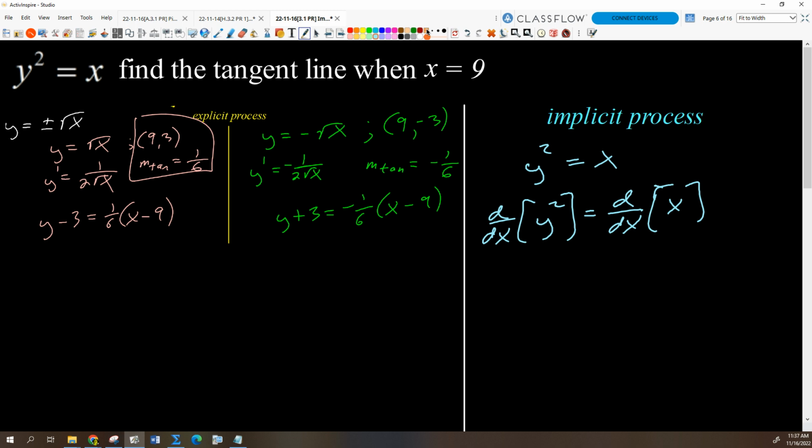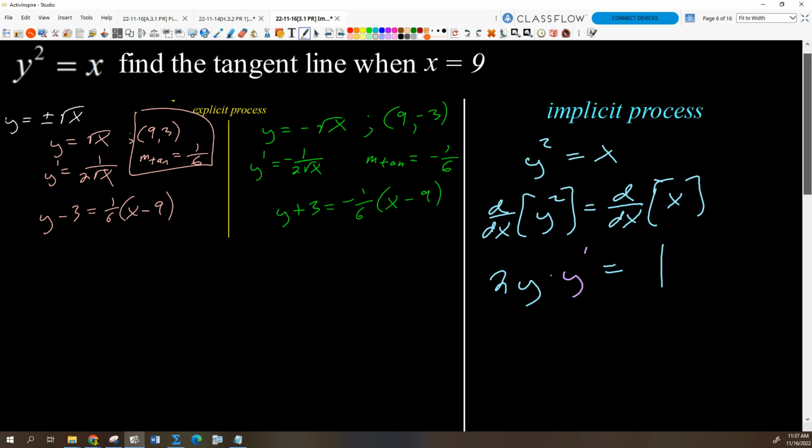Okay, so I'm getting 2y times, what's the derivative of y with respect to x? dy dx, right? Which we'll just call y prime, how about? Okay, because that's what we called it before, right? I think we did. Yeah, we called it y prime over here, didn't we? That's just dy dx. Okay, on the other side, the derivative of x with respect to x is 1.